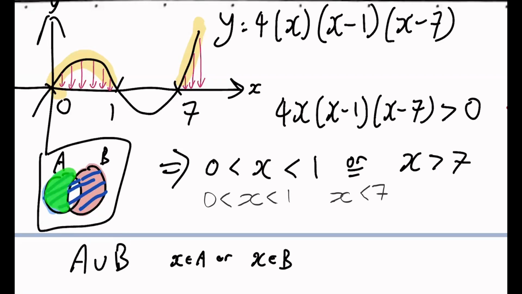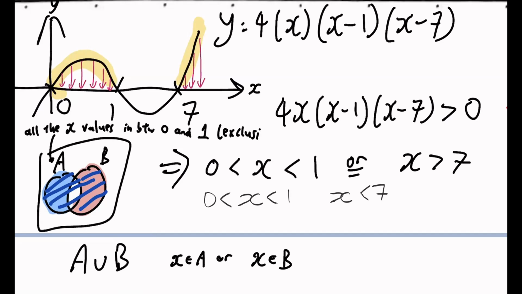You're in A but not B, or you're in B but not A. Where A refers to all the x values in between 0 and 1, where in between means exclusive. Don't include 0, don't include 1. Then B will be all the x values more than 7, strictly.